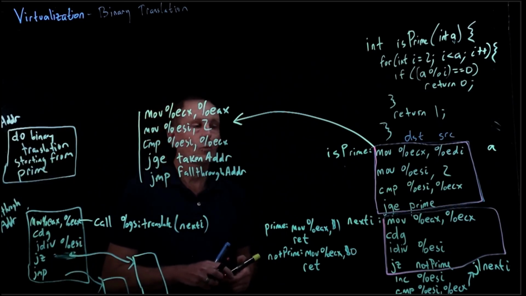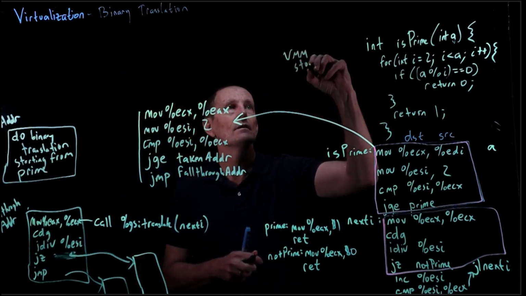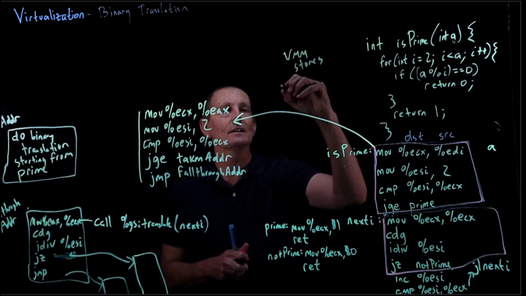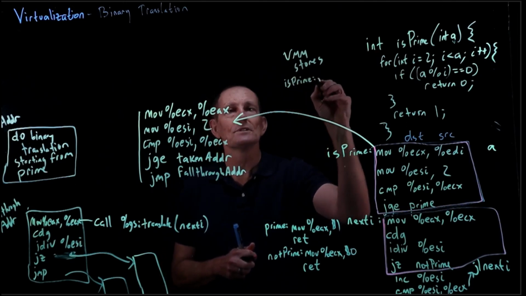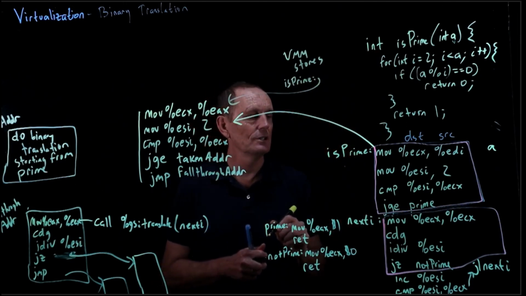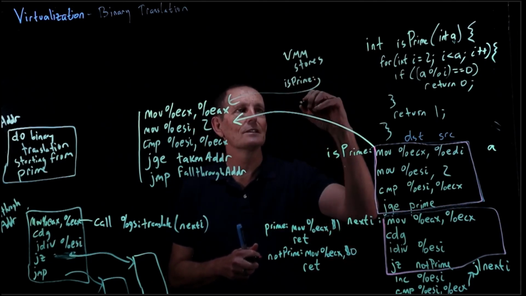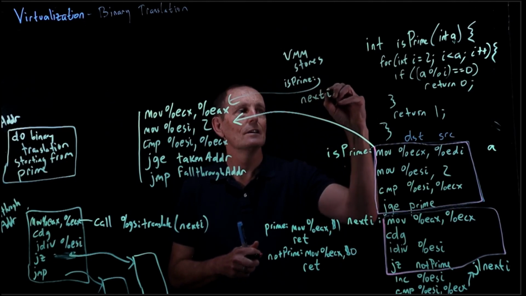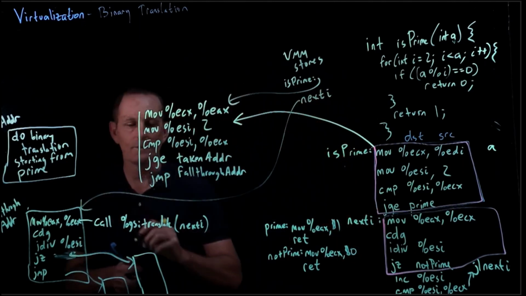All right. We also maintain a mapping. So the VMM stores a mapping from every address, like let's say is prime maps to here. And the next I, and when I say is prime, I mean this actual address. Next I maps to here.